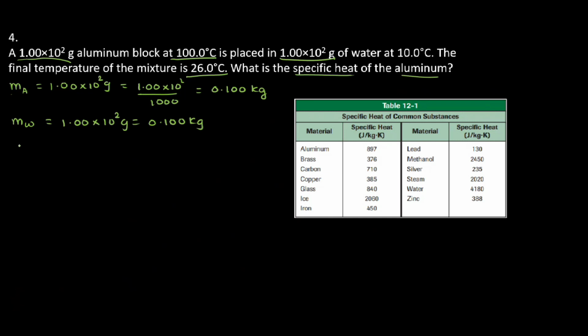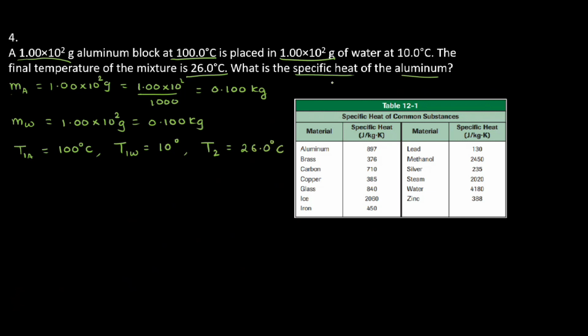Initial temperature of the aluminum block, I will write it as T1 for aluminum, is 100 degrees Celsius. Initial temperature of water, I will write T1 for water, is equal to 10 degrees Celsius. And the final temperature of the mixture, I will write as T2, which is 26 degrees Celsius.